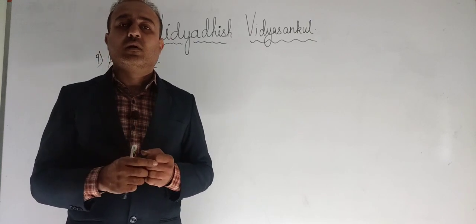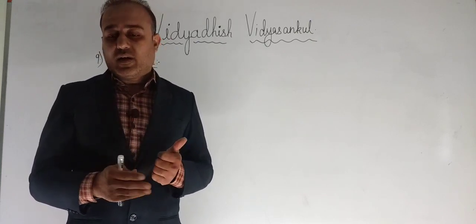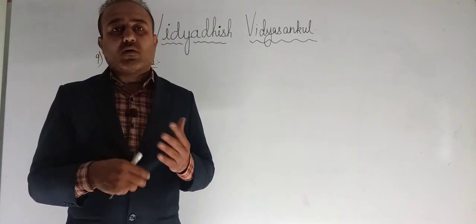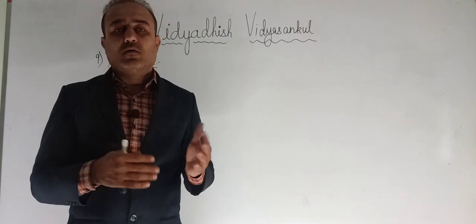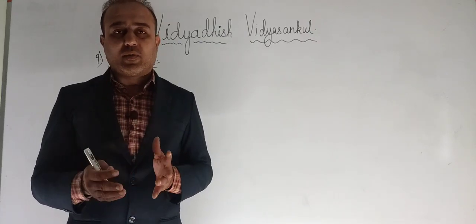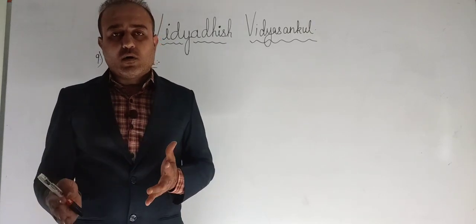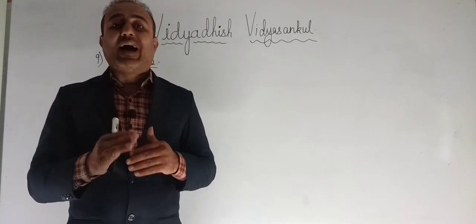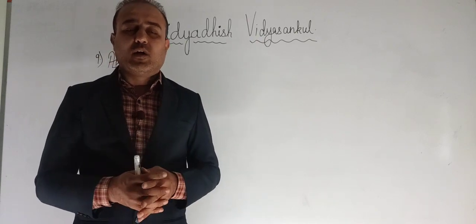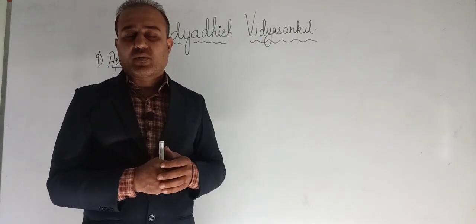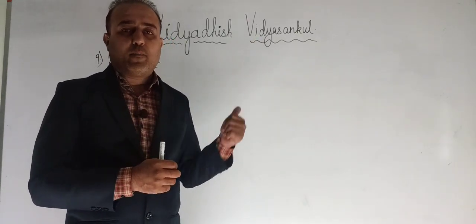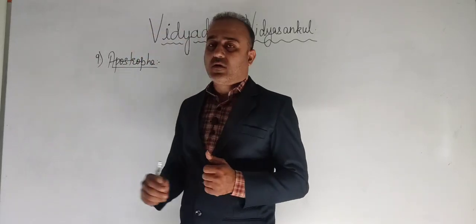Here also the poet talks about the inanimate or non-living things. So here what happens in this figure of speech, the inanimate or non-living things are directly addressed by the poet as if they are living. So apostrophe means what?